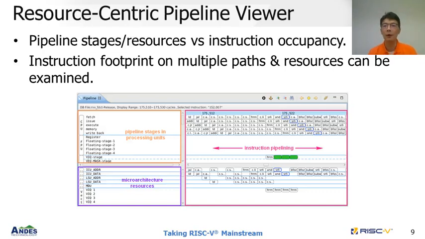This view is suitable for instructions that pass through multiple processing pipelines that will be overlapped in clock cycles. The instruction-centric view can only show one of these multiple overlapped stages, but the resource-centric pipeline view can show all of them.